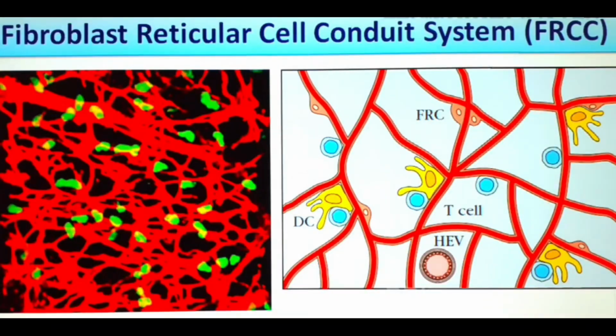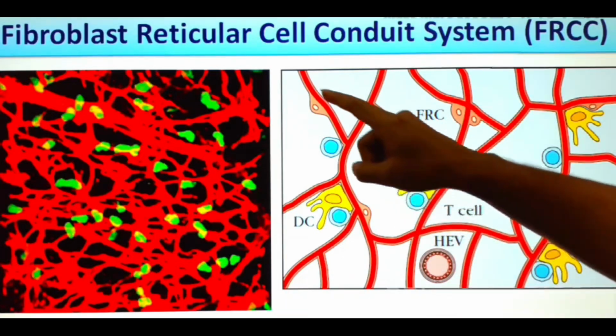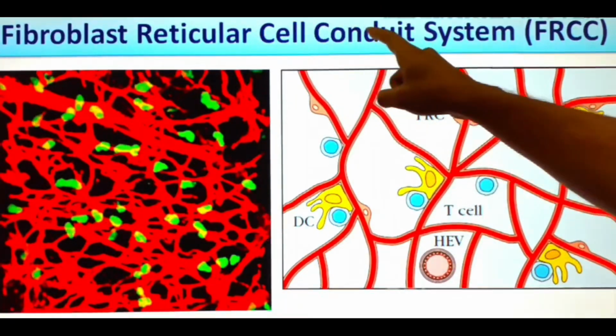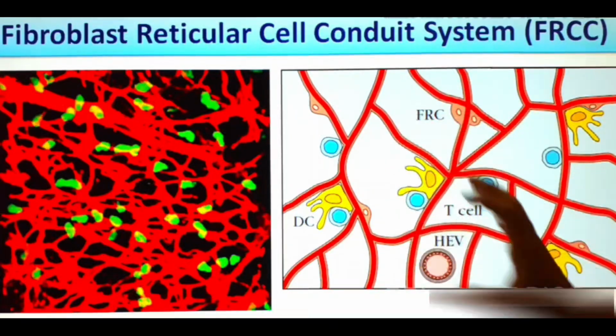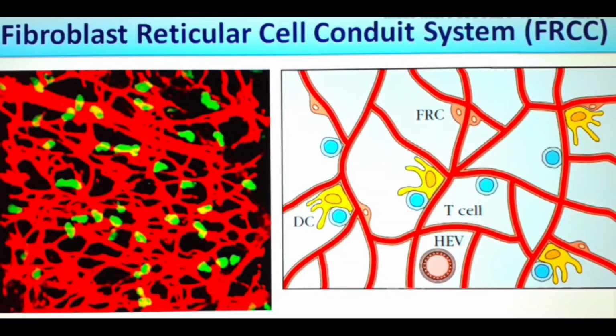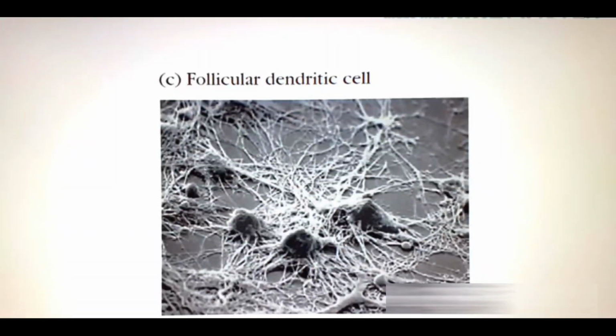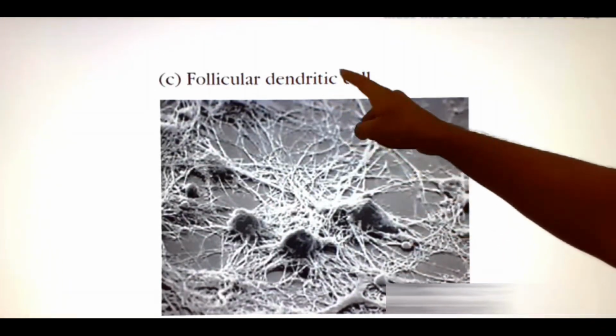The next important term is the fibroblast reticular cell conduit system, or FRCC, in the lymph node. Here you can see a cell called the fibroblast reticular cell forming a channel-like structure in the lymph node. So a lymph node is very complex in nature. Here an important cell present in the lymph node is the follicular dendritic cell.